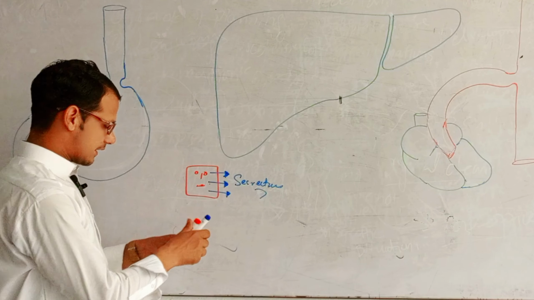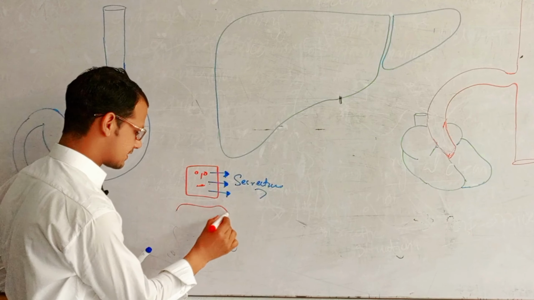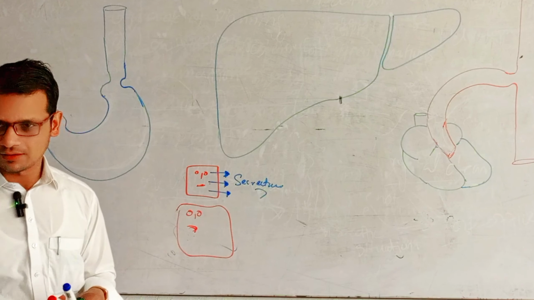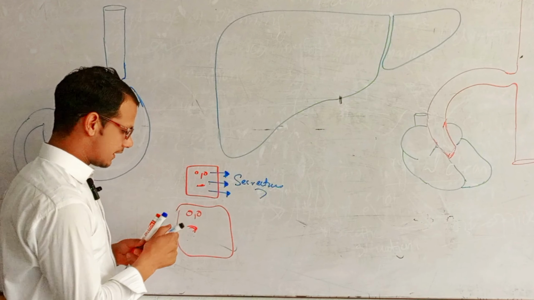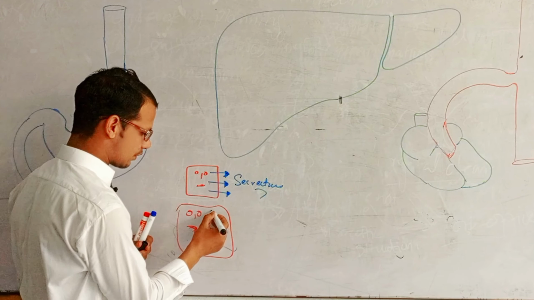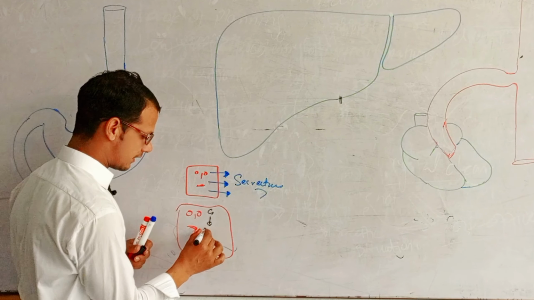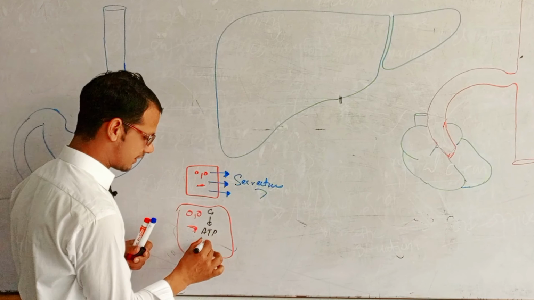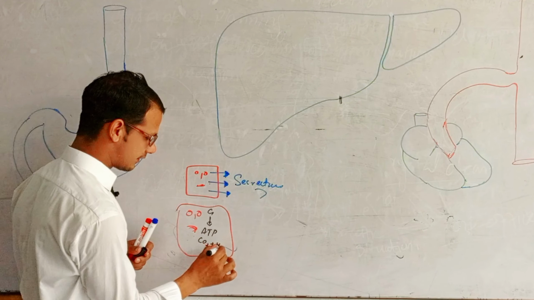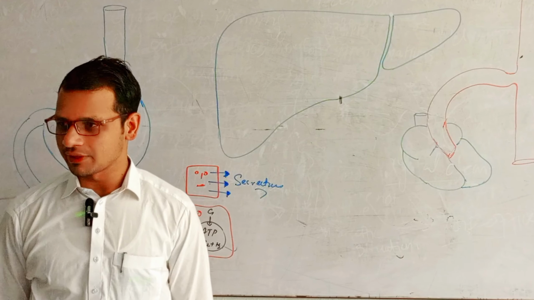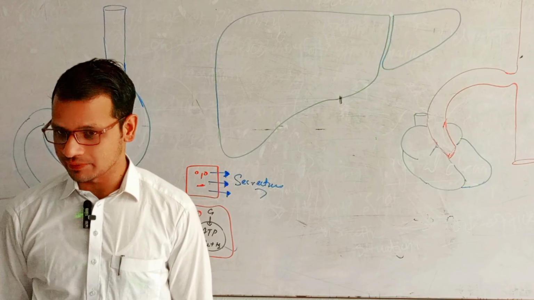For example, I have muscle cell, and I take some glucose, and this cell breaks down this into energy, carbon dioxide, and this breakdown is called metabolism. Breakdown process is called biotransformation or metabolism.